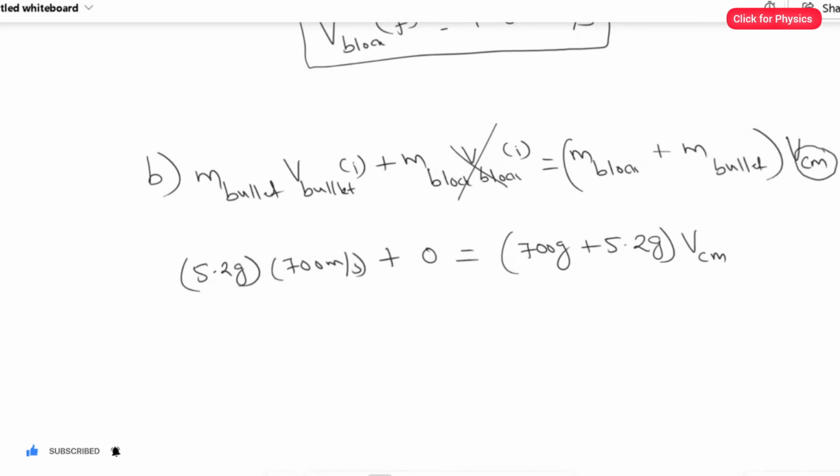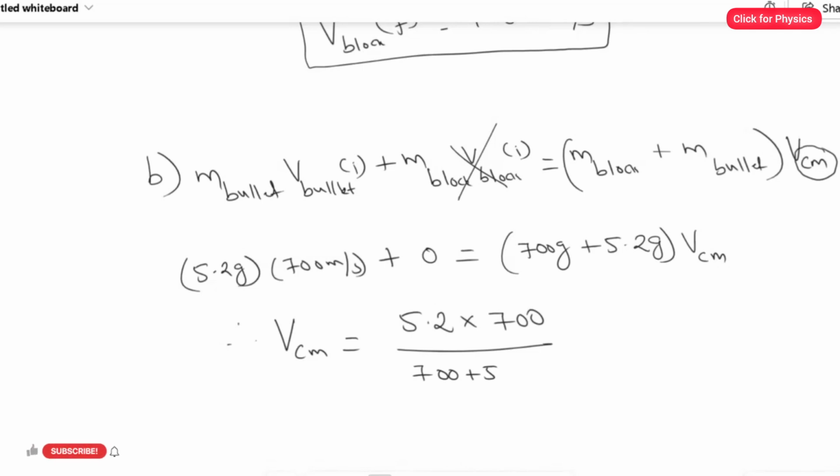Clear? Now I rearrange this equation. V center of mass equals 5.2 multiplied by 700 divided by 700 gram plus 5.2 gram. Let's see the answer. 5.2 multiplied by 700 divided by 700 plus 5.2.